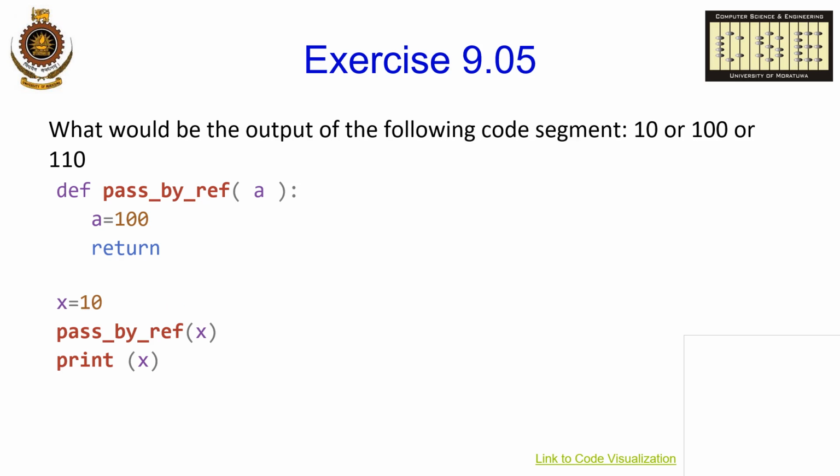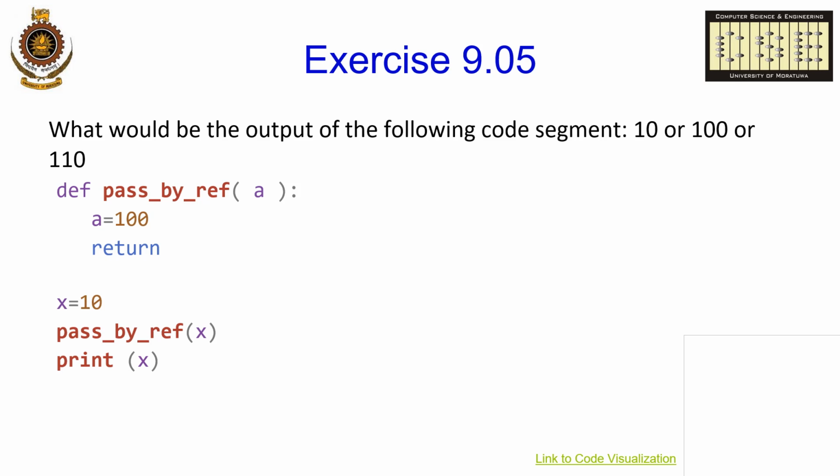And after that, another exercise for you to try out with a small variation to what you saw in the previous slide. Again, try to first guess or estimate what the output would be, right? 10 or 100 or 110, and after justifying the answer to yourself, run it in IDLE or in a code visualizer.